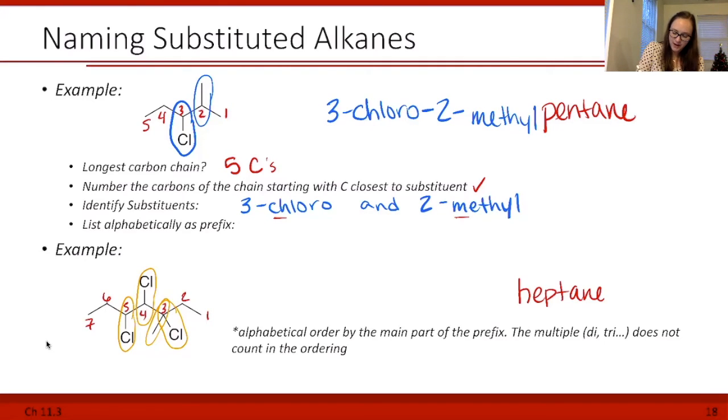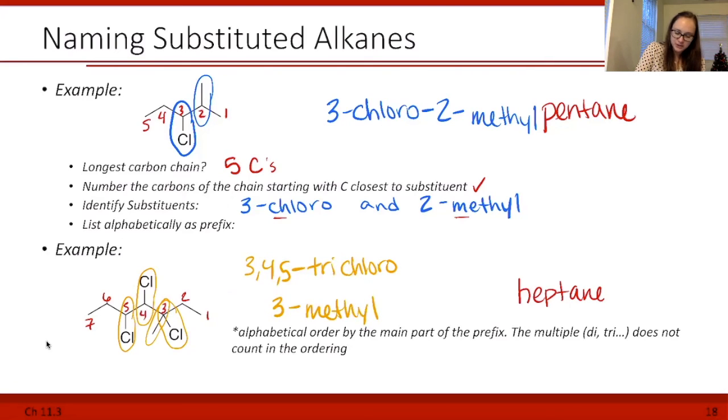I know I have 3 chlorines, so I'm going to write trichloro. I'm going to put a dash and write where they are. So there's 1 at 3, 1 at 4, and 1 at 5. Then my other substituent I have is a methyl group at the 3 position, 3-methyl.